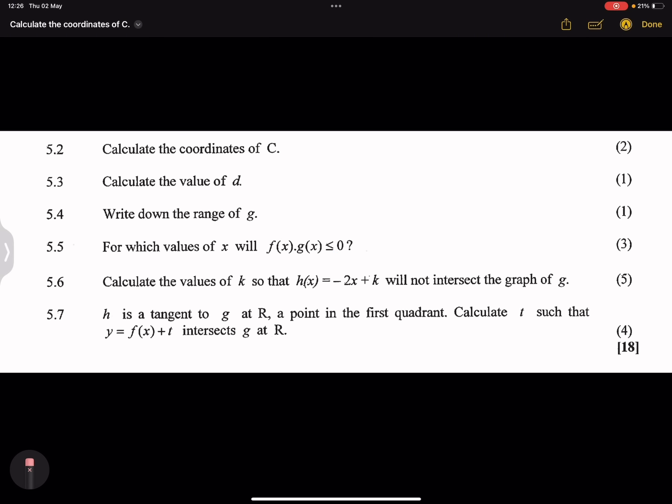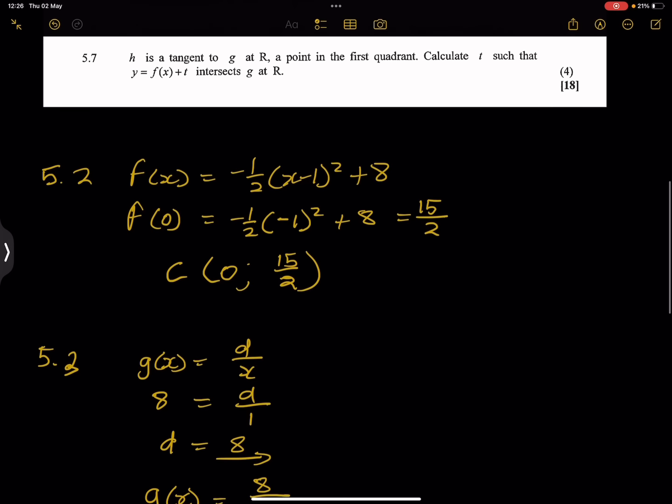They say calculate the values of k so that h of x equals minus 2x plus k will not intersect the graph of g. Now, what happens when the two graphs intersect? It means that I would have h of x equal to g of x. So for them to intersect, I'd have them being equal, and if I find the roots, it means I'll find real roots in that case.